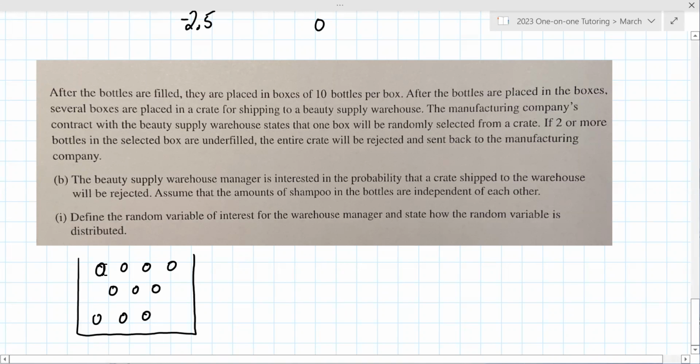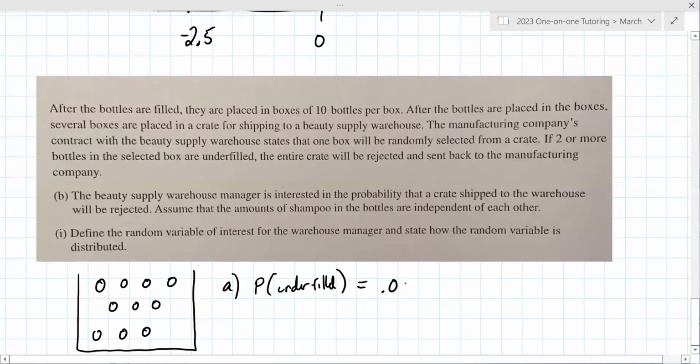And from part A, there's always a reason you did part A. Part A says that the probability that any one of these will be underfilled is 0.0062. What are we interested in? It starts right here: if 2 or more bottles in the selected box are underfilled. So we're interested now in the probability that X is greater than or equal to 2.